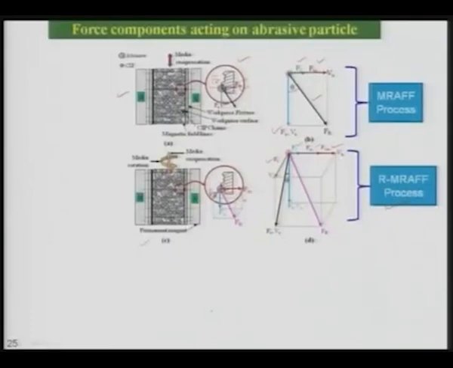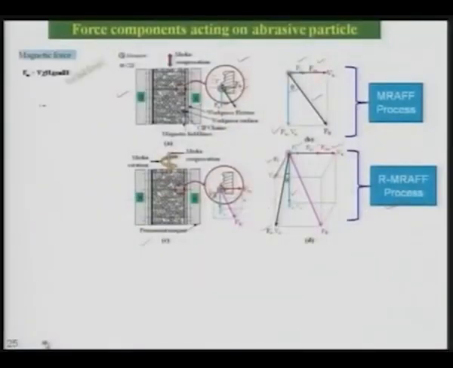Due to the rotary motion, tangential force is acting on the abrasive particle, and there is the axial force due to the axial motion of the medium, and both these forces result in Fc, that is the cutting force, and this cutting force is responsible for the removal of the material in the form of micro nano chips. So this is how additional forces are acting on the abrasive particles. They increase the finishing rate in the case of RMRF as compared to the MRF process, as we will see later on in the results.